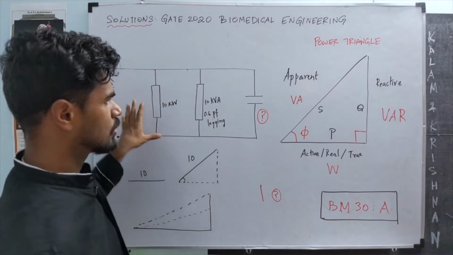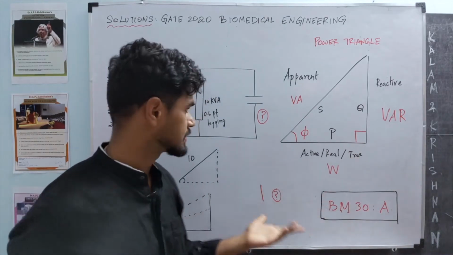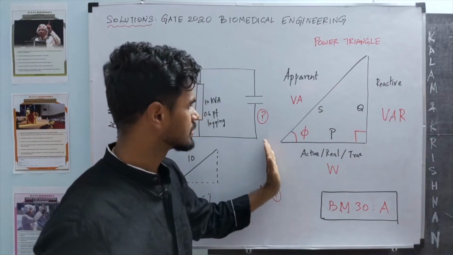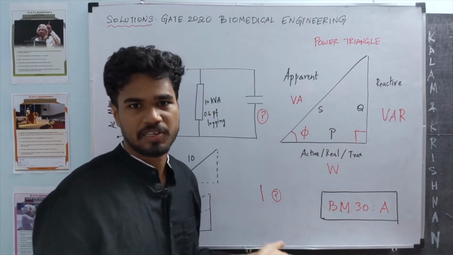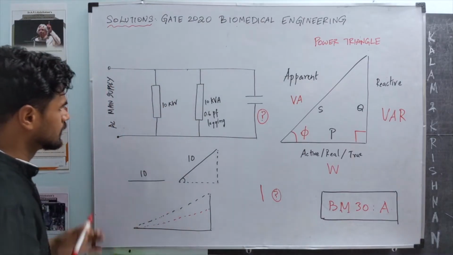So for any given loads, it's a good idea to just draw the power triangle. The nice thing is you can add and subtract sides because they satisfy complex arithmetic. Let me explain what I mean by that.